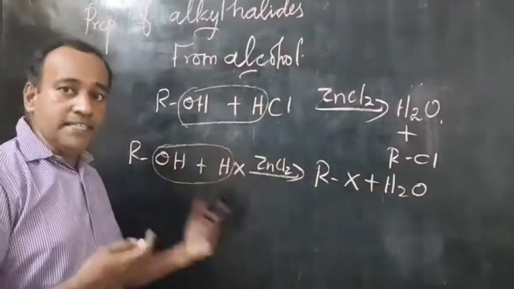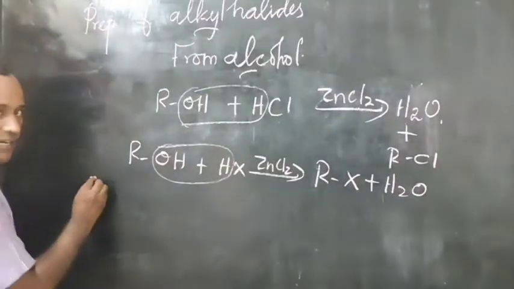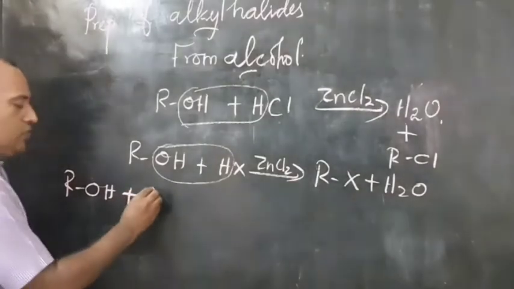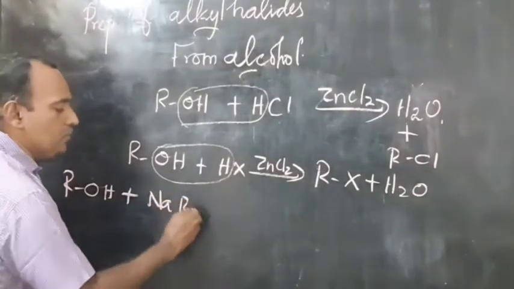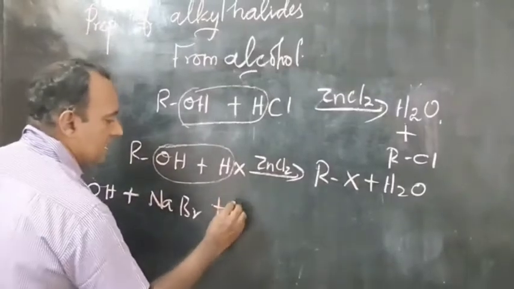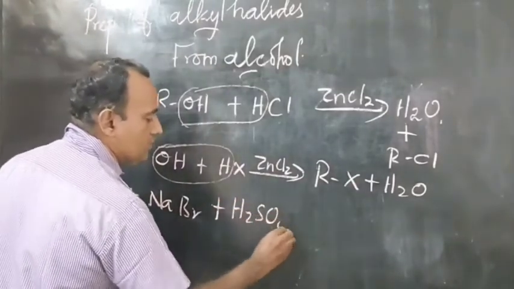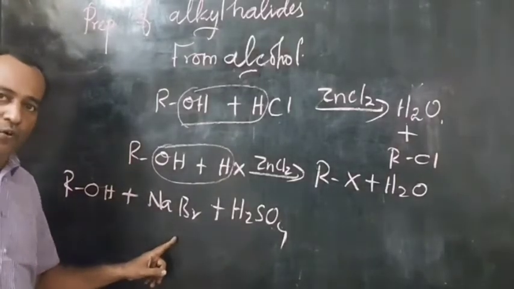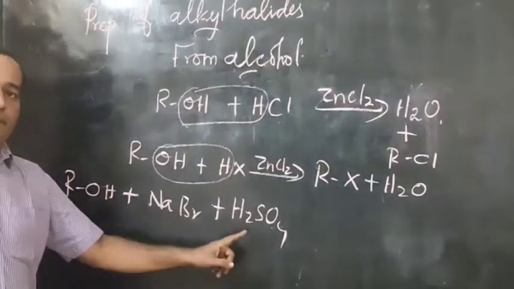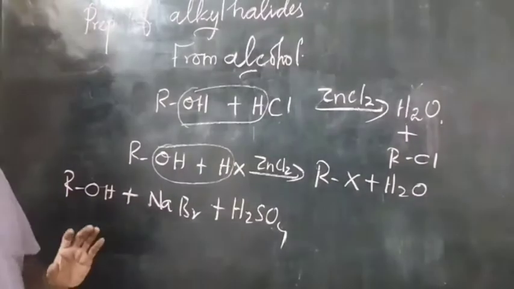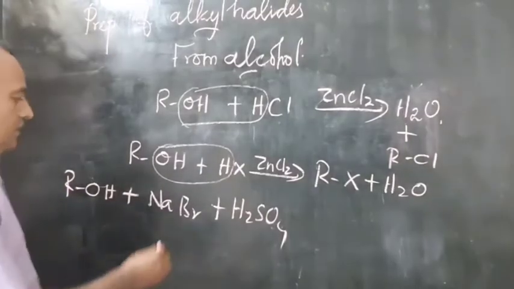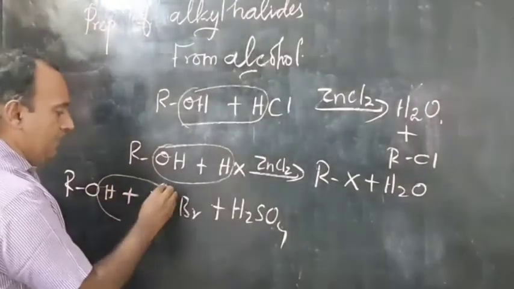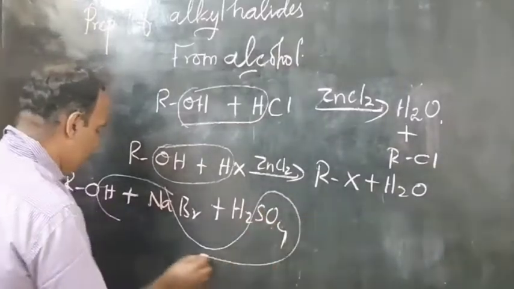The next method is alcohols when treated with sodium bromide in the presence of H2SO4. Sodium takes this hydrogen and also takes this SO4.